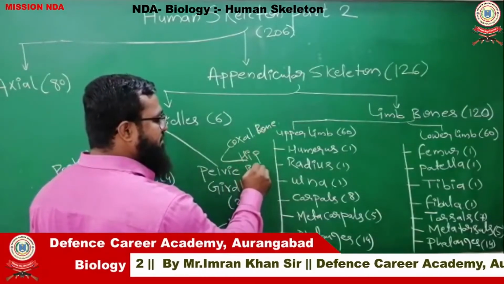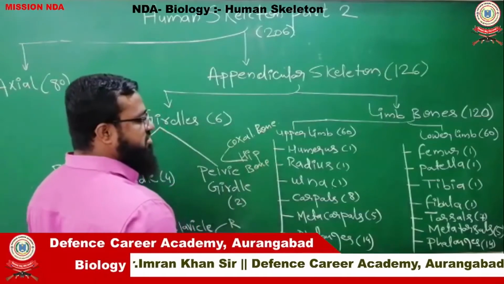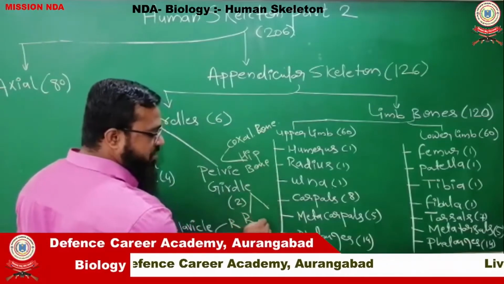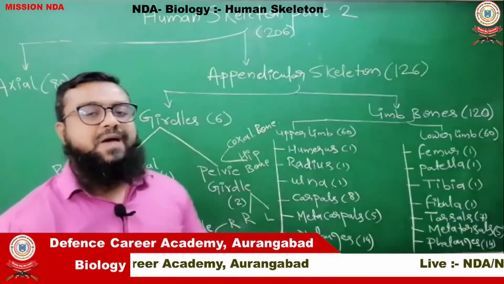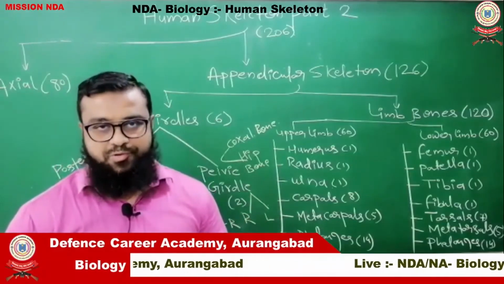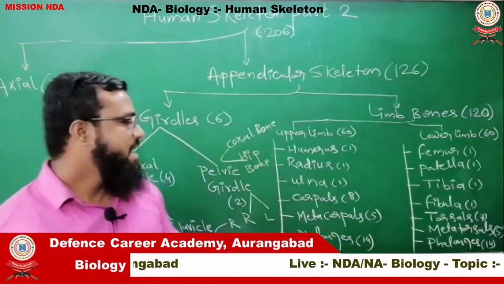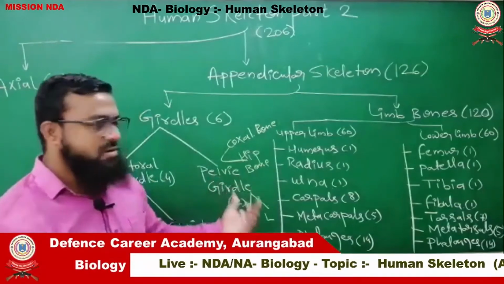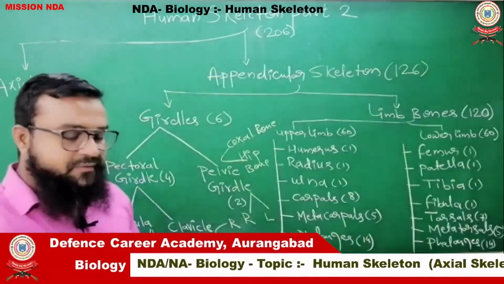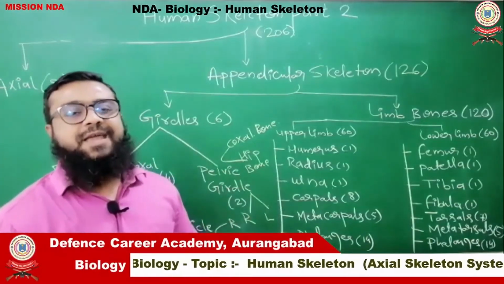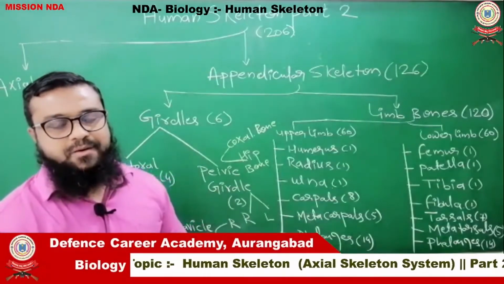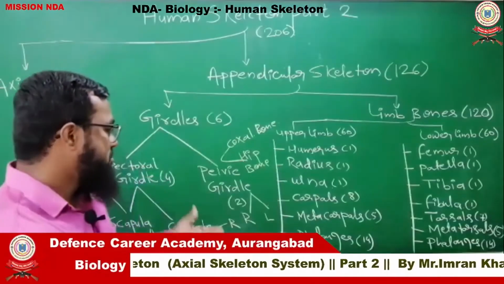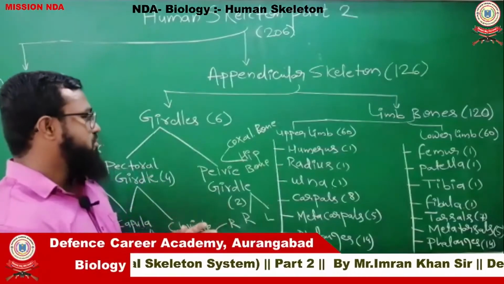This is also two, right hip bone and left hip bone, right coxal bone and left coxal bone. With the help of the pelvic girdle, the coxal bone or hip bone, we can sit, we can bend the body, and we can run. So the pelvic girdle is 2 bones.